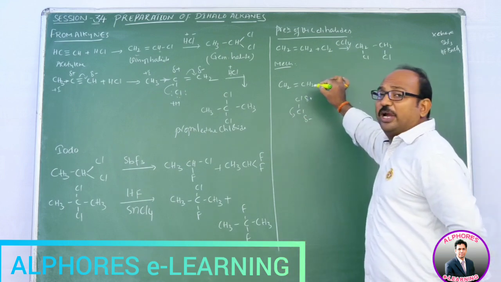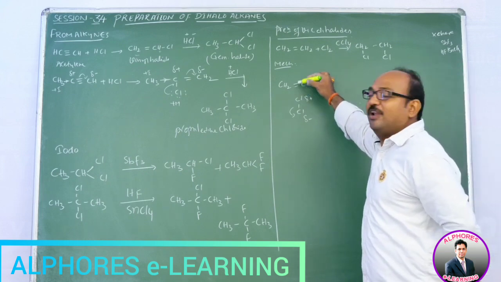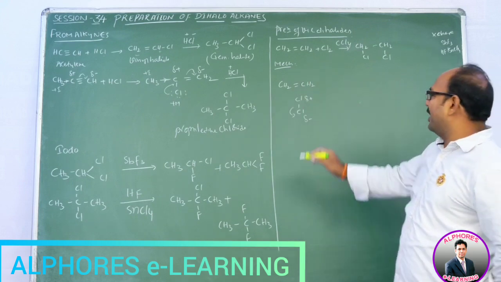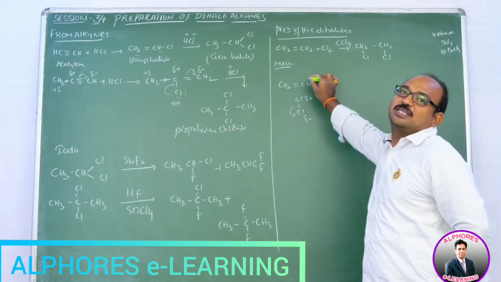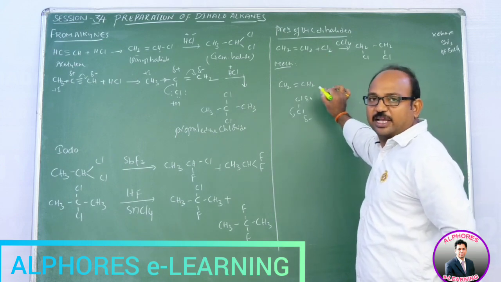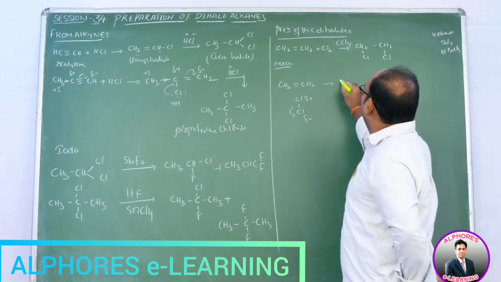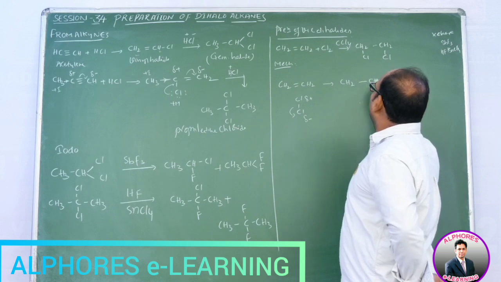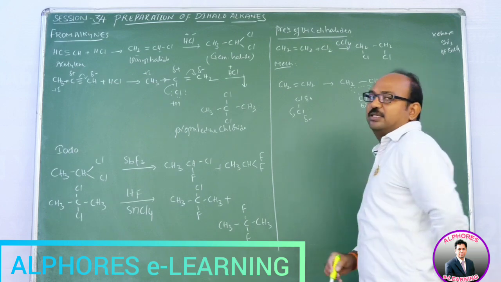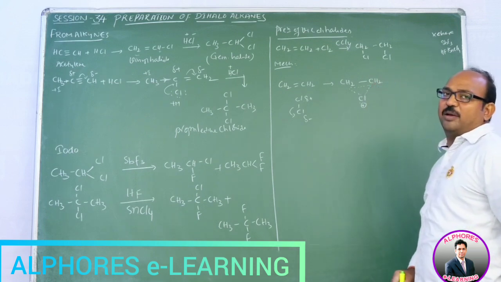The more positive charge developed upon this chlorine, the more strongly it will be attracted towards this double bond center, and simultaneously more negative charge develops here. So in the first step we are getting a halonium ion complex in which the halogen bears positive charge. It is a three-membered cyclic transition state, called the halonium ion.